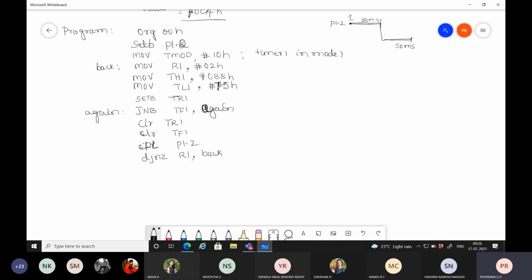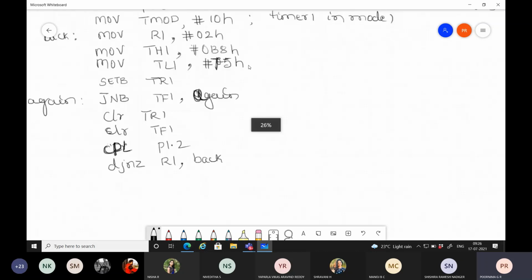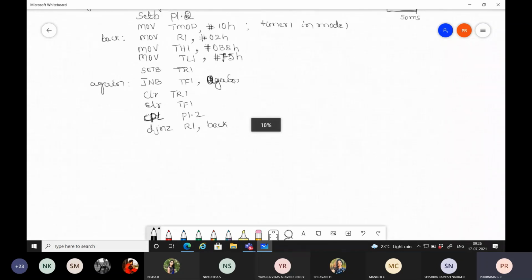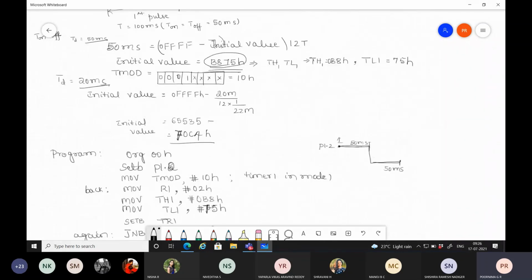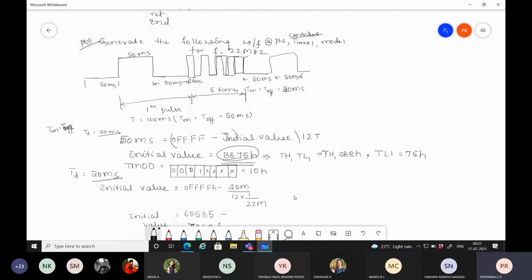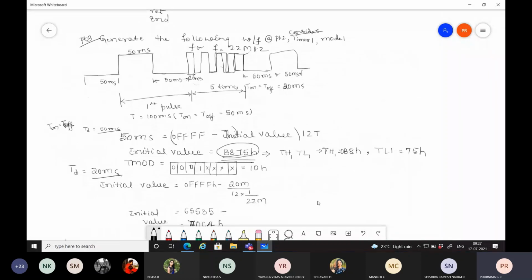Once off time comes, already this particular CPL P1.2 1 has become 0. So therefore you need not go for complementing again. Instead of that, what you can do, if you want, you can set back, because after the off period gets over, you can set your port 1 bit to high value.